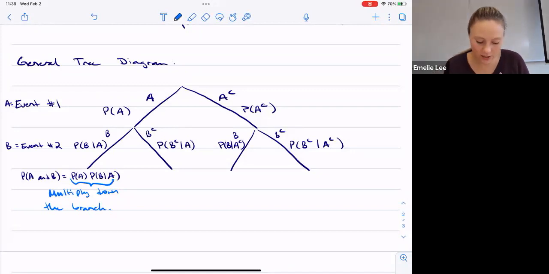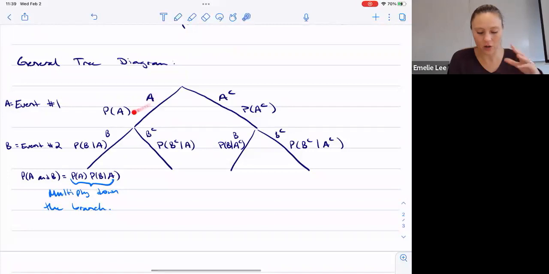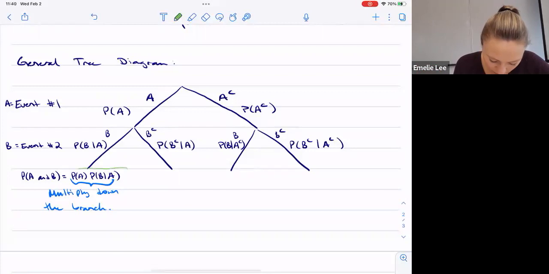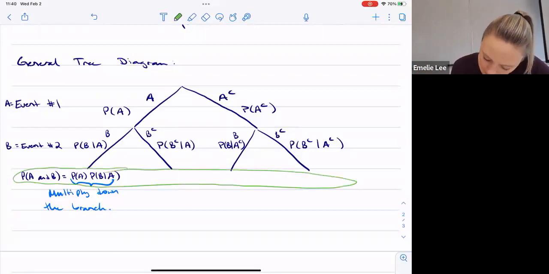The only thing I want to say is that the total probability, so once you have all of these branches multiplied down, they have to add to 1, right? Because you've considered all possible outcomes. And so the total of all these probabilities has to be 1, right? And so must add to 1.